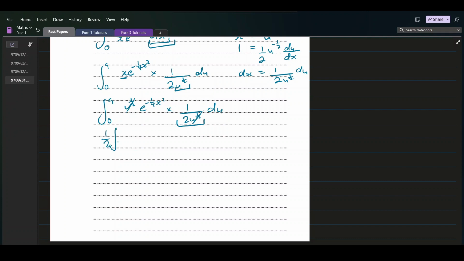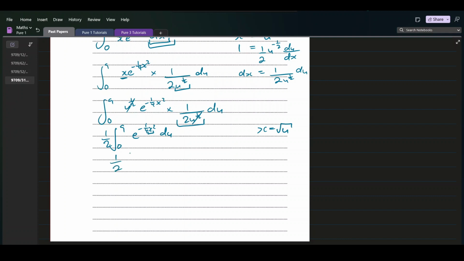So it becomes half the integral from 0 to 9 of e to the negative 1 over 4x squared with respect to u. And now let's substitute this x with, our substitution is x is equal to root u, so let's substitute the x with root u.